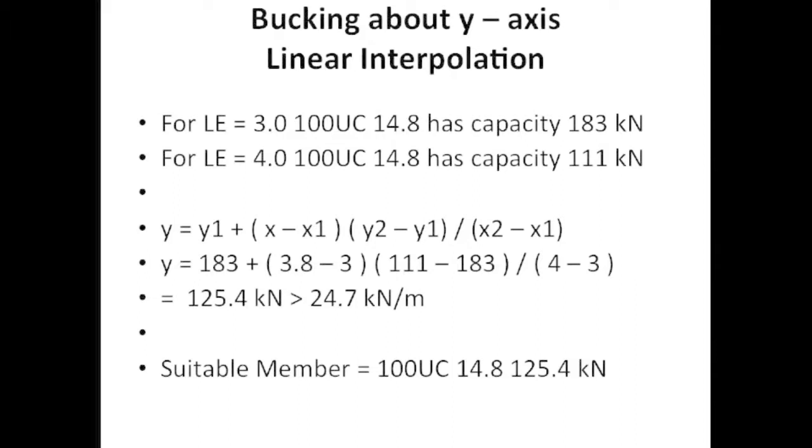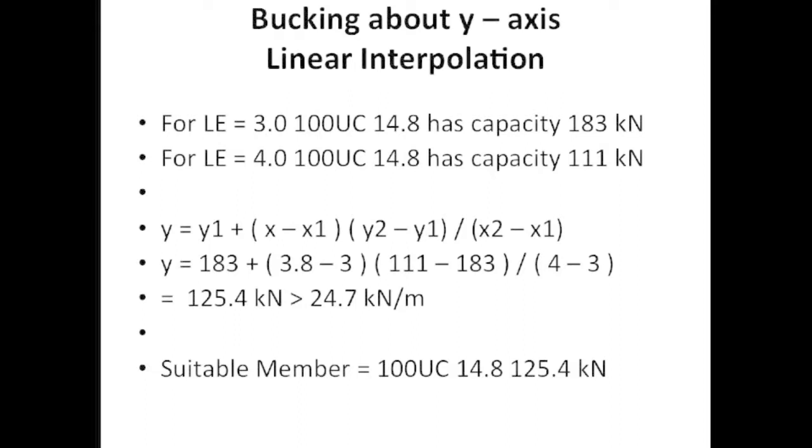We then get our buckling about the y-axis, but first we've got to do our interpolation. So for an example, y1 plus (x minus x1) times (y2 minus y1) divided by (x2 minus x1), equals 183 plus (3.8 minus 3) times (111 minus 133) divided by (4 minus 3).